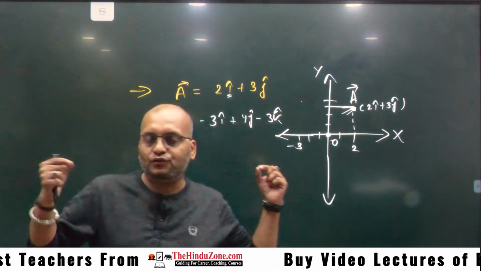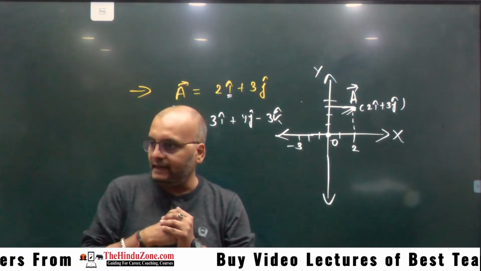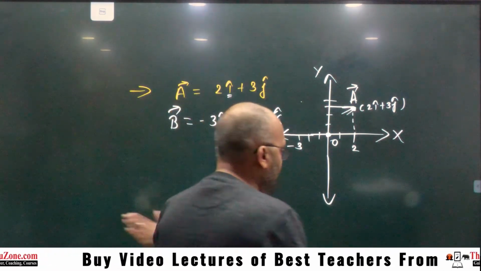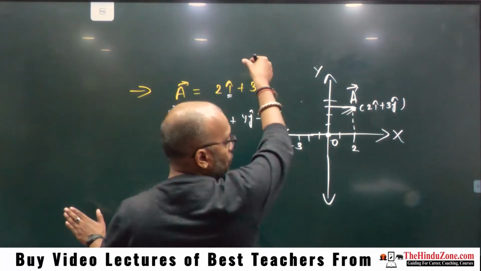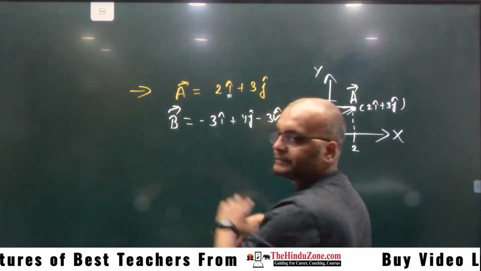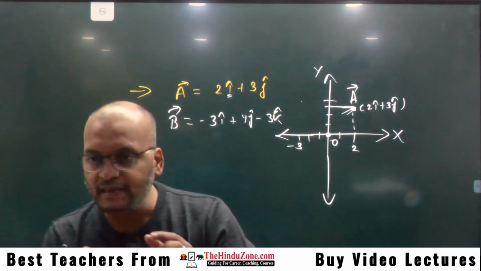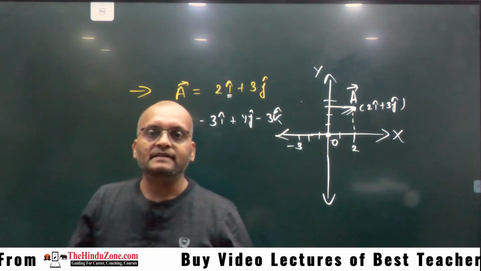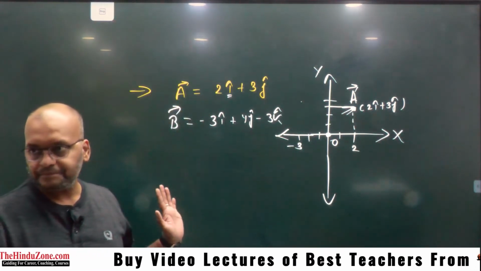So between these 3 axes, a point is lying whose coordinates are minus 3 along left, plus 4 upwards, and minus 3 inside the board. So that's the position of a point. Is this much clear?